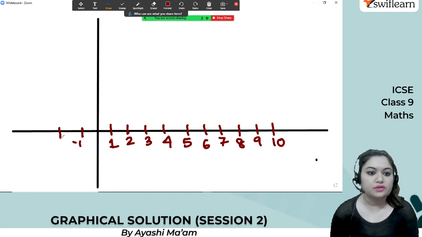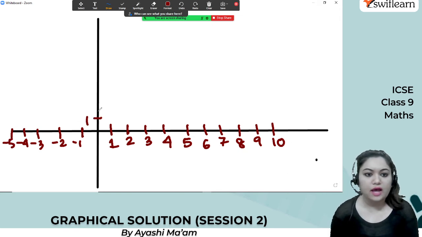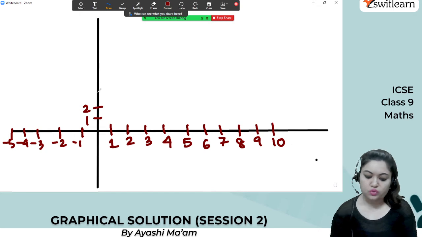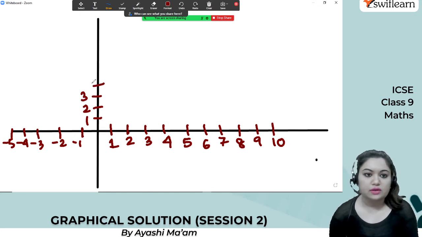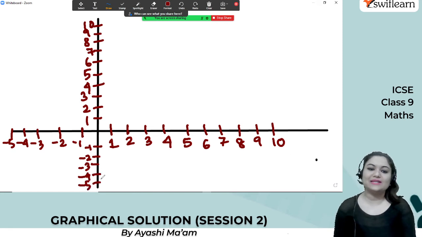Here you will have minus 1, minus 2, minus 3, minus 4, minus 5, like that. Here on the y-axis you will have 1, 2, 3, 4, 5, 6, 7, 8, 9, 10. And here we are going to have, say, minus 1, minus 2, minus 3, minus 4, minus 5, like that.